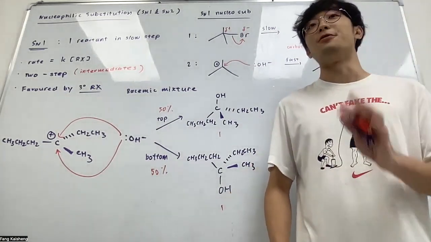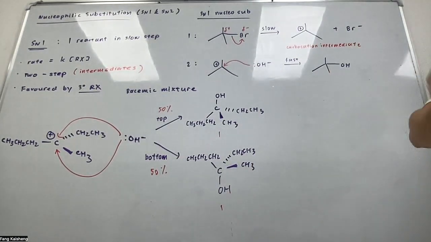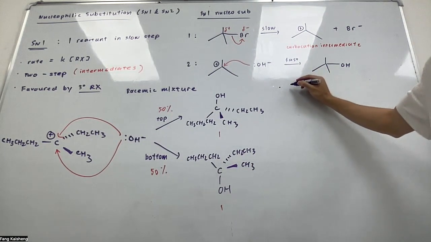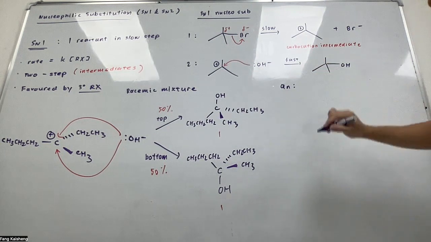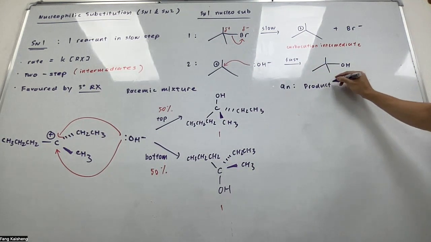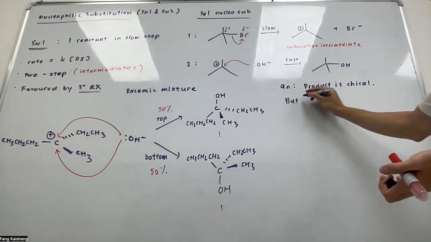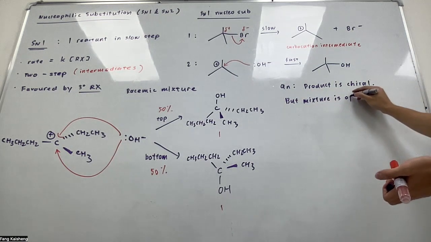So I want you to highlight a few things. Whatever I highlight on the board, you look at the words, or write it down again if you want. What's the first point you need to explain? Usually, what is the question? Let's write down the question. The product is chiral. You can't deny that. But the mixture is optically inactive.